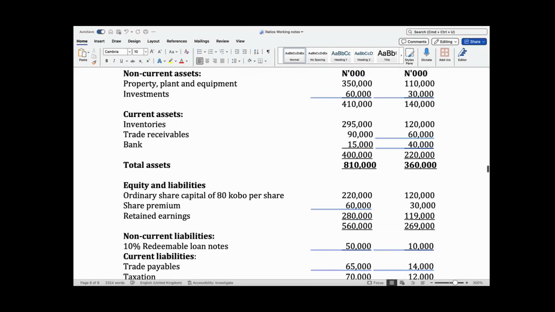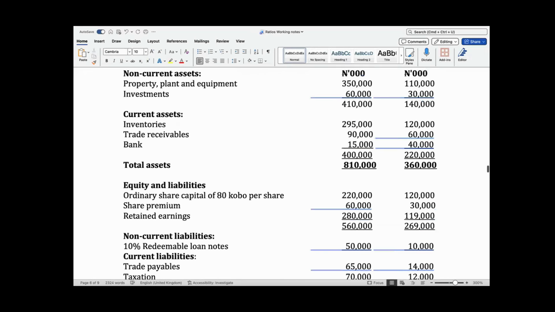It's 810,000 minus 50,000 minus 200,000; total liability is 250,000. So 810 minus 250. What's the number of ordinary shares in 2021? That's 220,000 divided by the nominal value, which is 0.8.